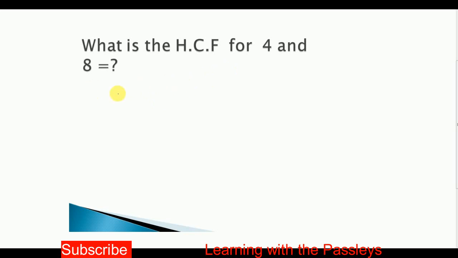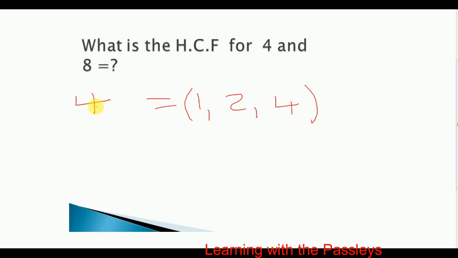What I am going to do here is to find the factors of 4 first. So these are factors of 4. Notice 1 into 4 goes 4 times, 2 into 4 goes 2 times, and 4 into 4 goes 1 time.